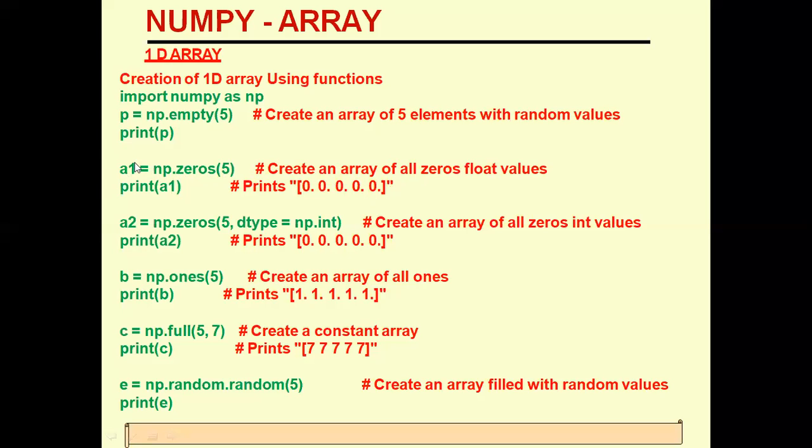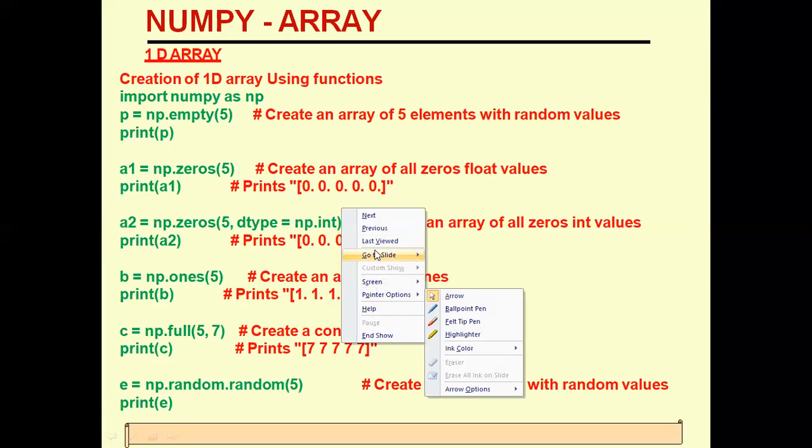Print A1 prints the A1 array. Now next, A2 is another variable, np dot zeros 5. I am giving you a practical on this.